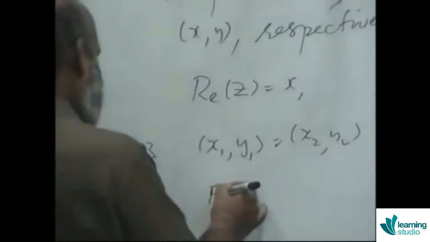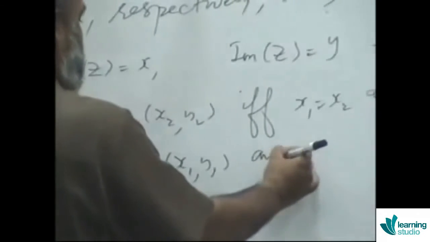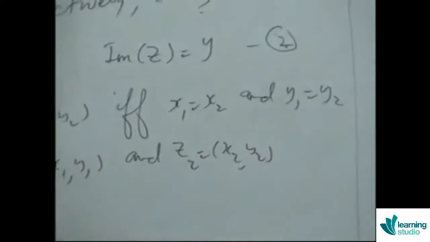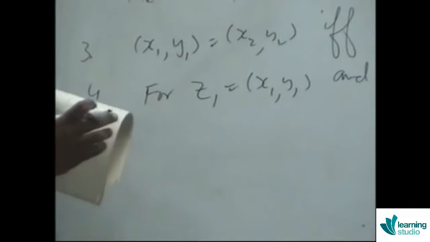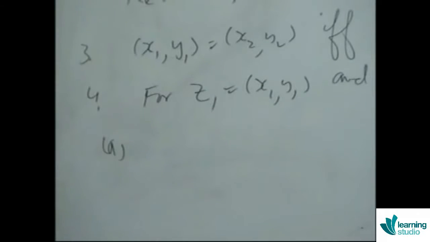Okay. And four is for z1 equal to (x1, y1) and z2 equal to (x2, y2). That means we are considering two complex numbers. Then we are trying to define the addition and multiplication of complex numbers.